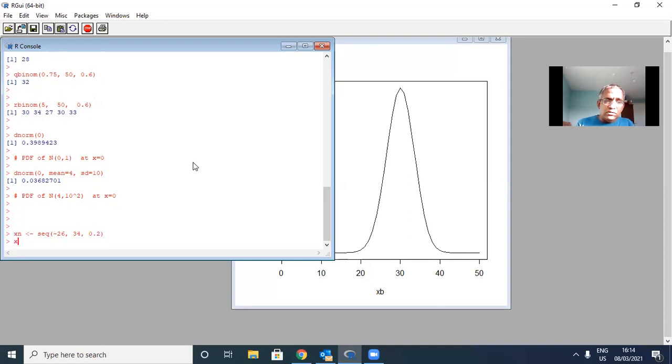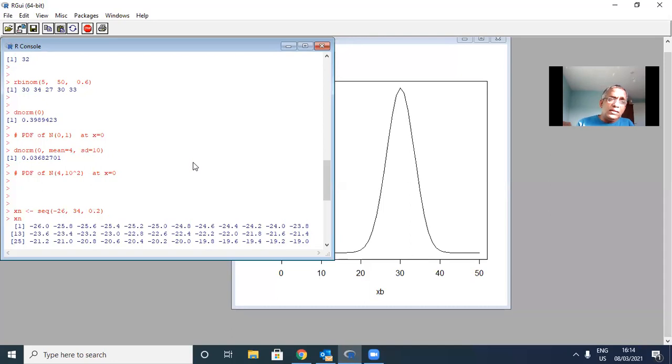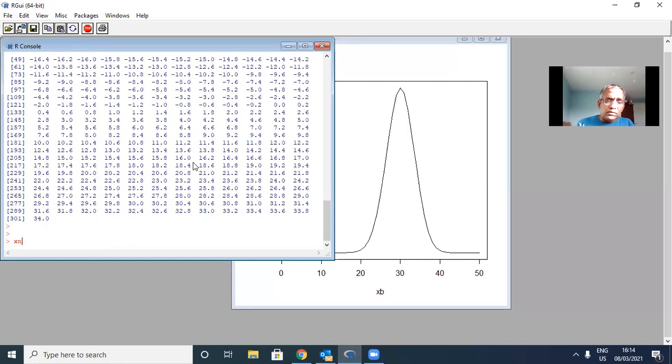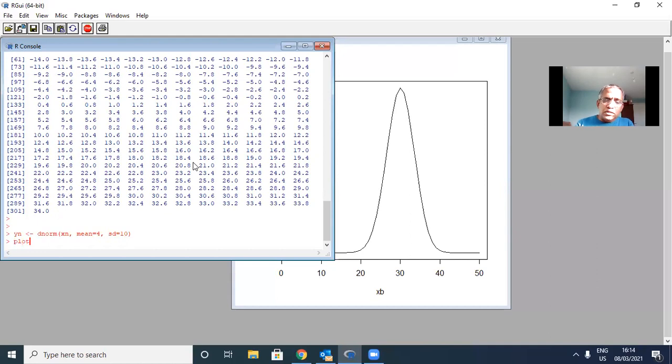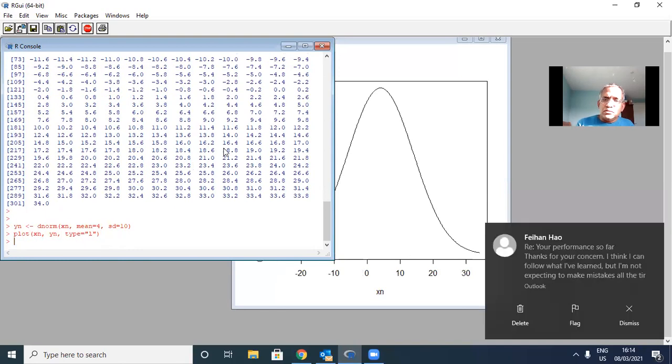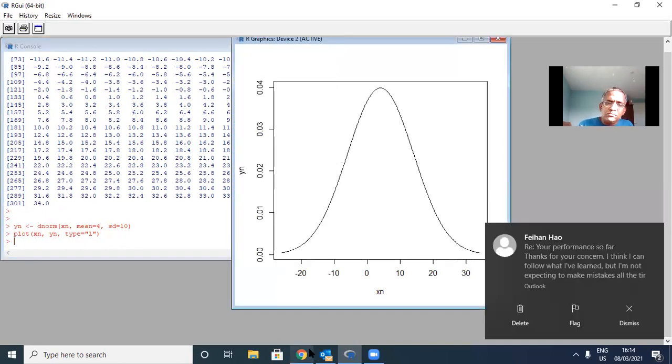Let xn be a sequence of numbers from -26 to 34, and let yn be the values of the density at xn with mean equal to 4 and standard deviation equal to 10. Then if you say plot xn comma yn, type equal to L for line, this is what you will get.